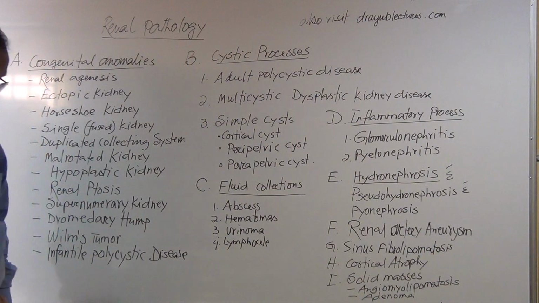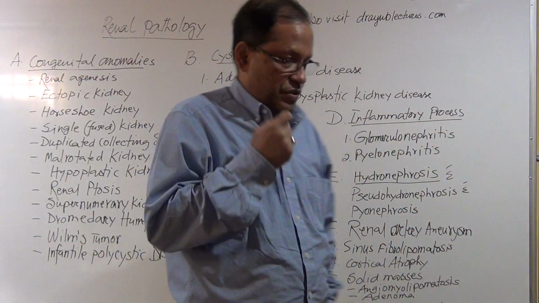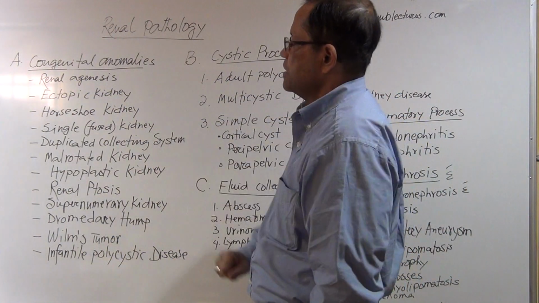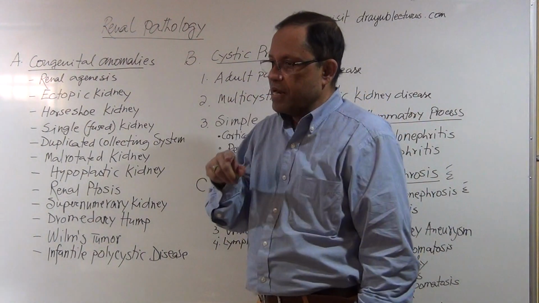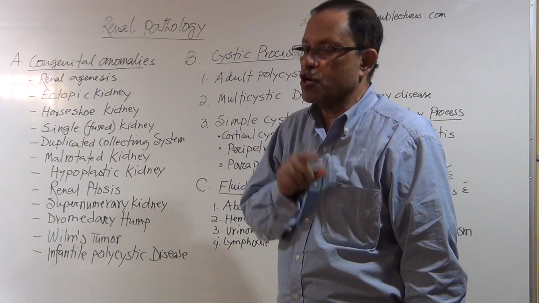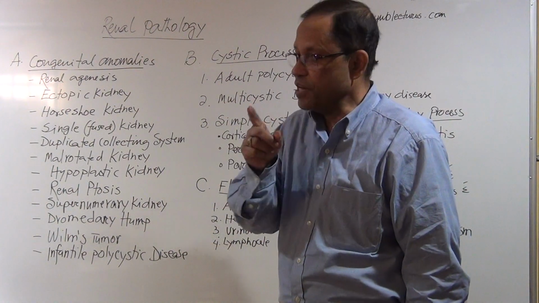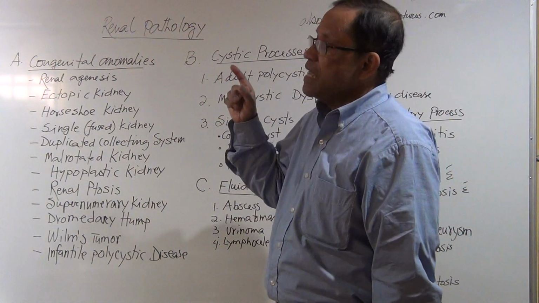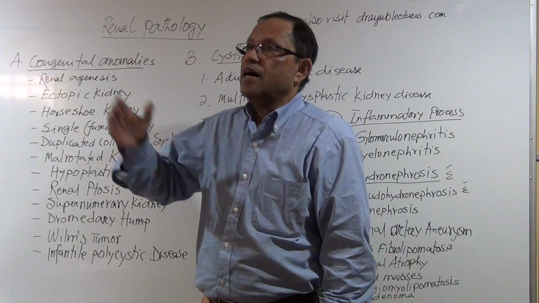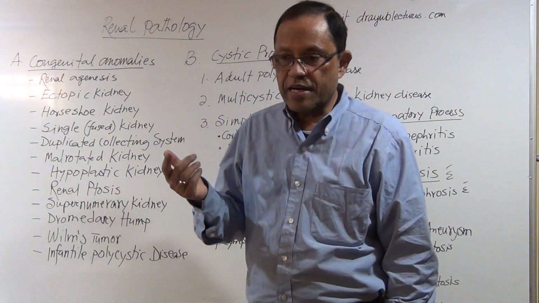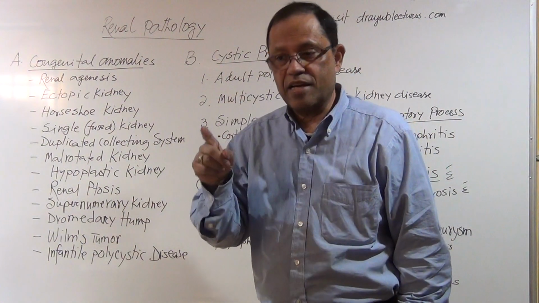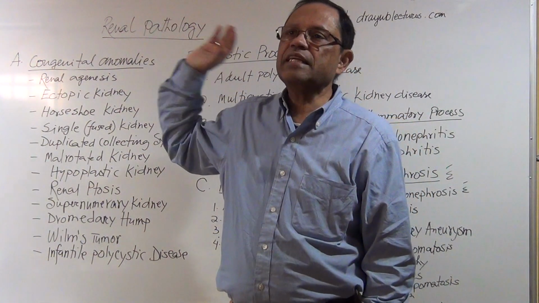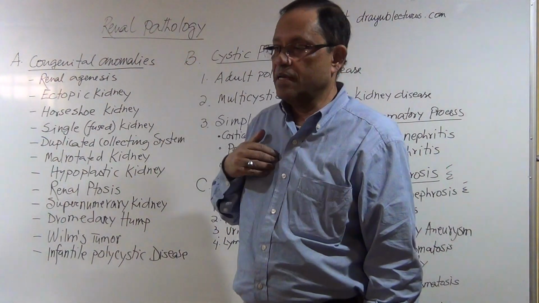So they will ask a couple of questions from this renal agenesis. Number one, unilateral and bilateral renal agenesis, which one is more common? Unilateral. Which one is compatible with life, unilateral or bilateral? Unilateral. The patient may not detect that they don't have a kidney.